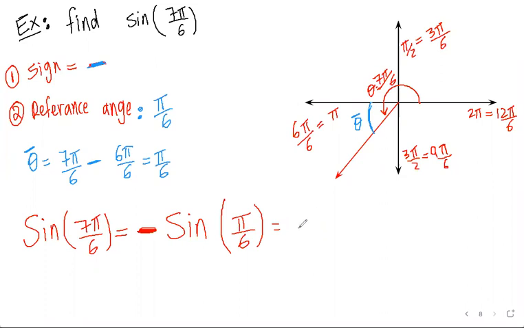So the answer is negative. The sine of pi over 6 is 1/2, and this is the answer. Is it clear, how to do the steps? Any question?